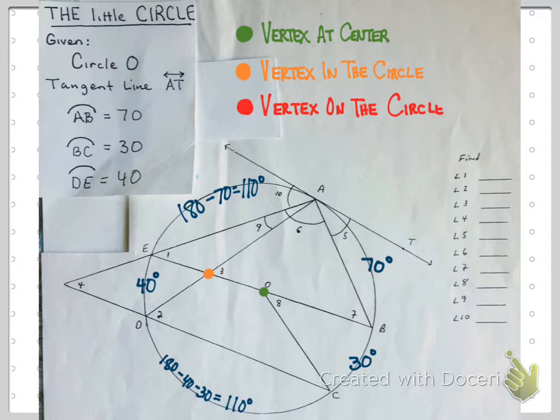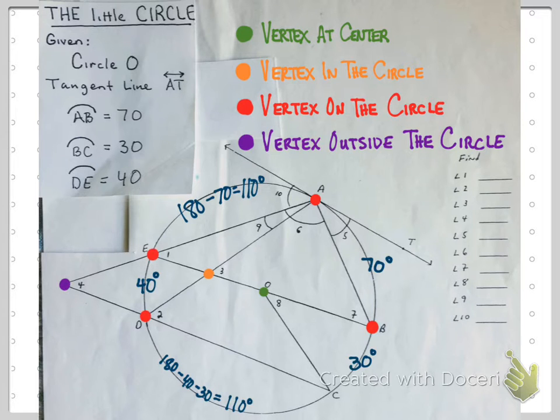The third type of angle that can be formed has its vertex on the circle, and in this problem, angle 1, angle 2, angle 5, angle 6, angle 7, angle 9, and angle 10 all have their vertices on the circle. The final angle that can be formed has its vertex outside the circle. In our problem, we have one of those, that's angle 4.